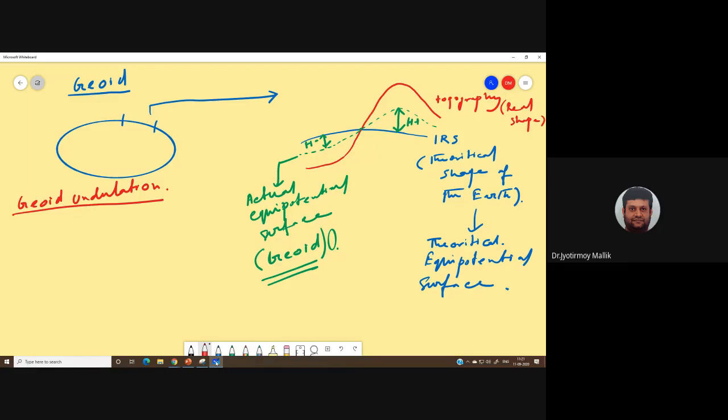At every point on the Earth, I can actually calculate this H value, be it positive, be it negative.